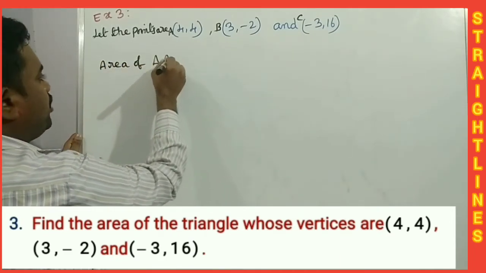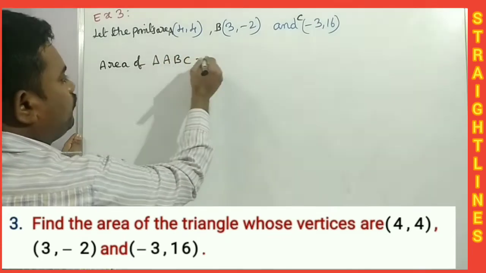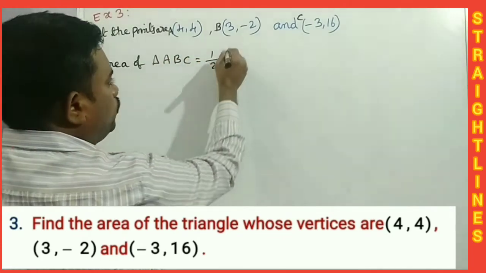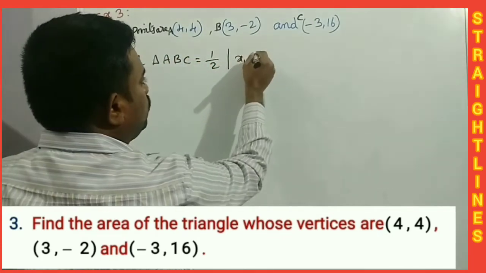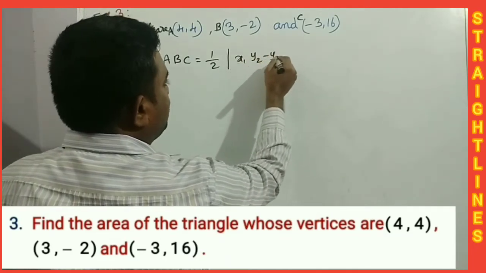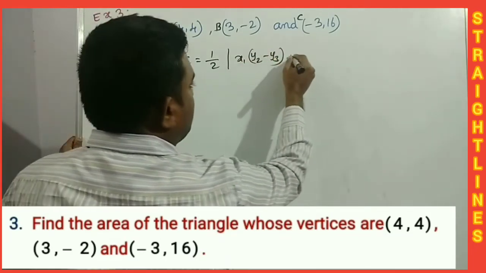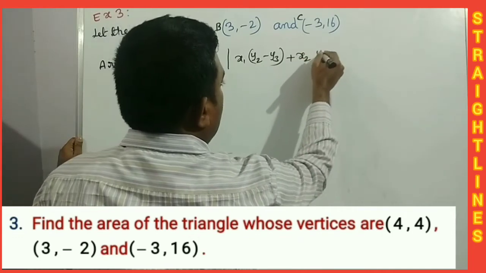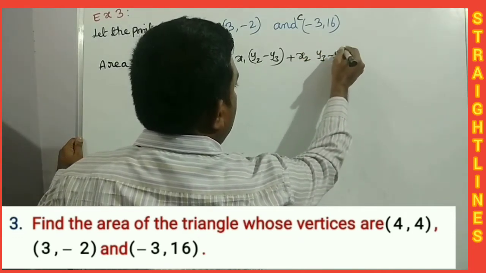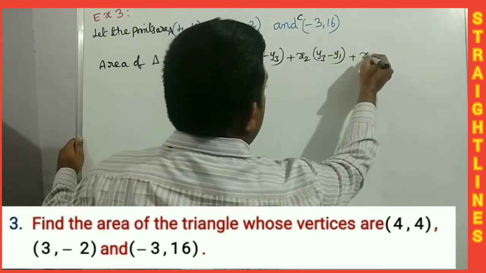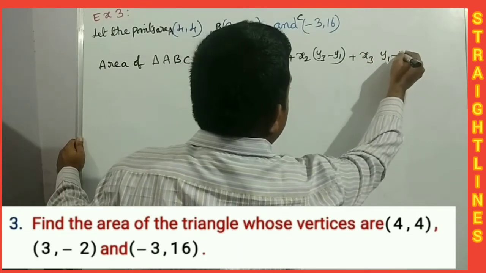Area of triangle ABC equal to, what is the formula here? 1 by 2 into mod of x1 into (y2 minus y3) plus x2 into (y3 minus y1) plus x3 into (y1 minus y2).